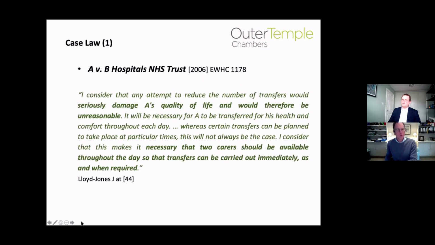So if we start with the case of A and B Hospitals NHS Trust, the claimant was severely disabled due to a birth injury and required carers for safe transfers by hoist. And there was a need for transfers several times a day, particularly at unpredictable times, in part at least because of the claimant's incontinence.